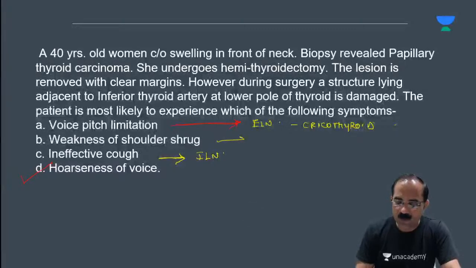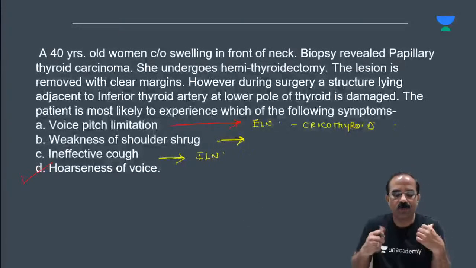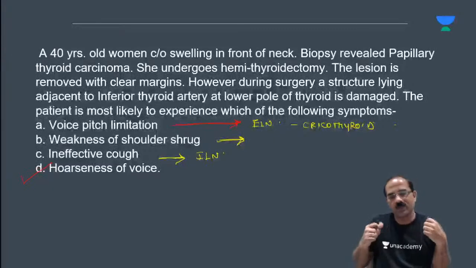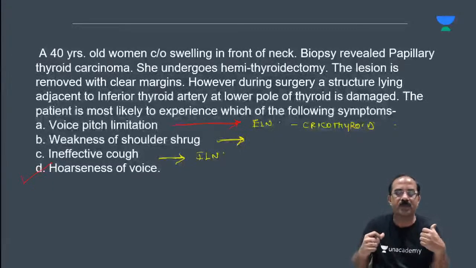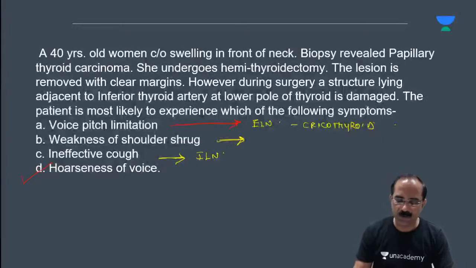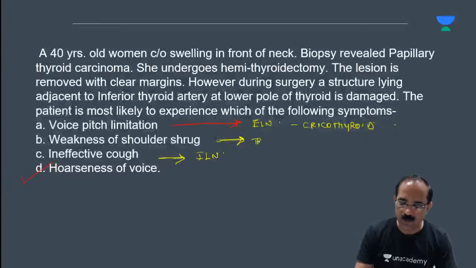Weakness of shoulder shrug. Answer this. Who helps in shrugging of shoulders? Shrugging of shoulders is done by whom? Trapezius. Very good. And which is the nerve which supplies the trapezius?